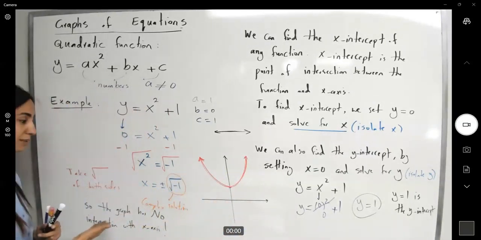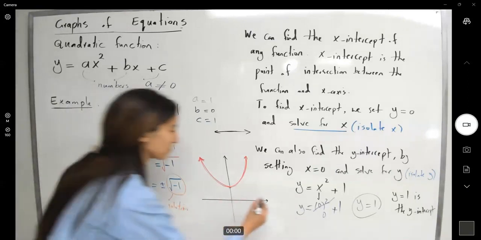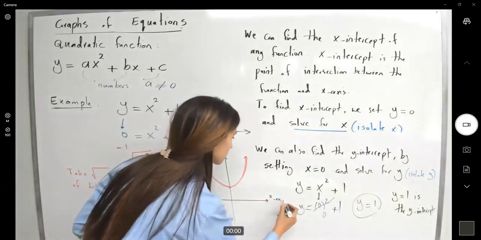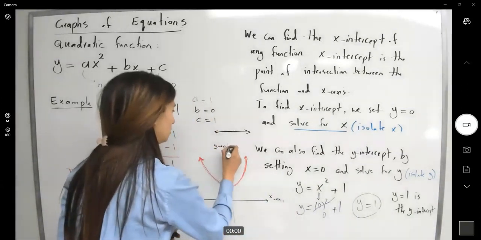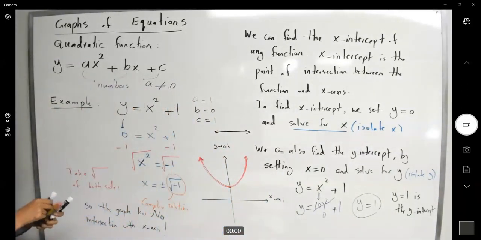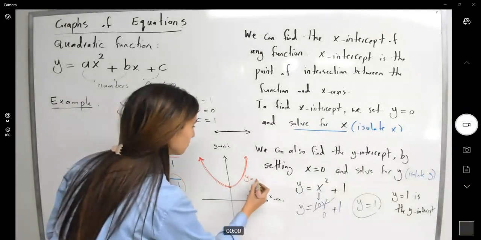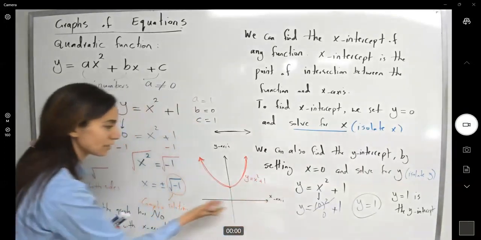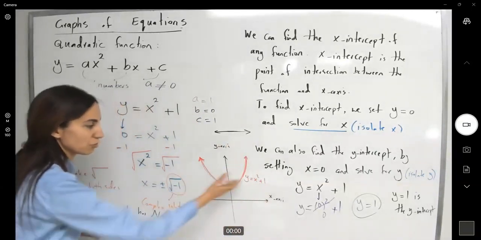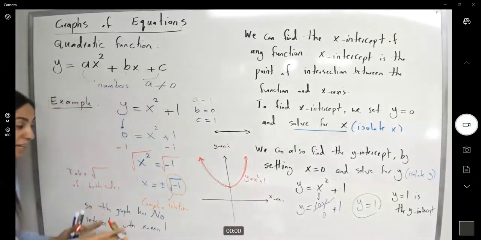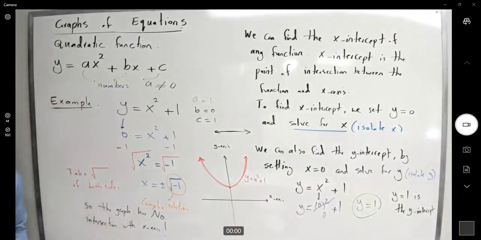That's why we got these complex numbers. This is y equals x squared plus 1, and as you can see, there is no intersection between the graph and the x-axis. That's why we got the complex solution. Very good.